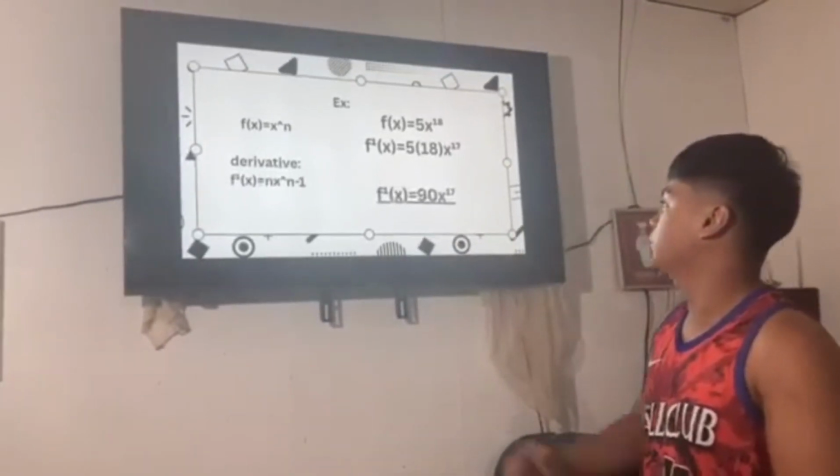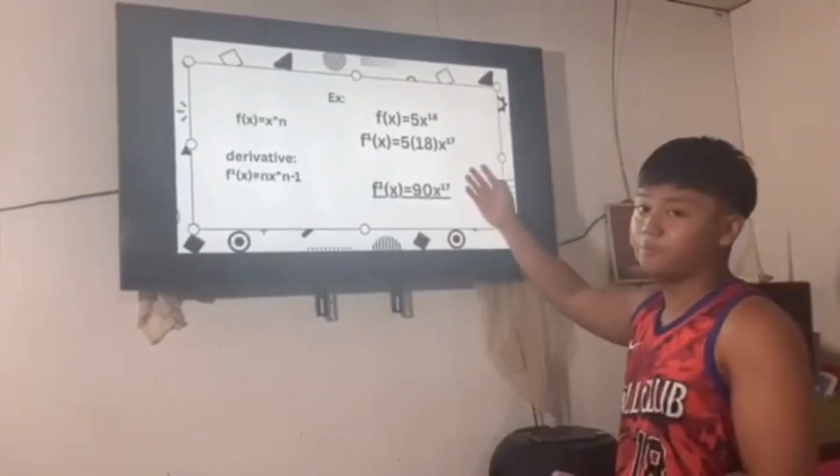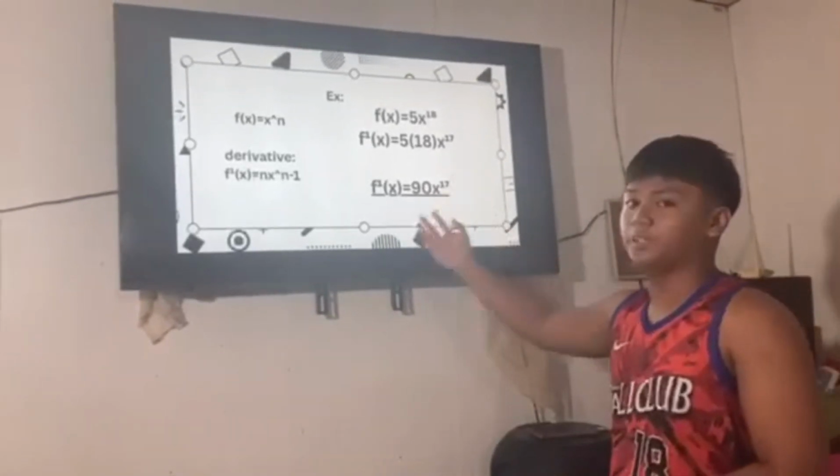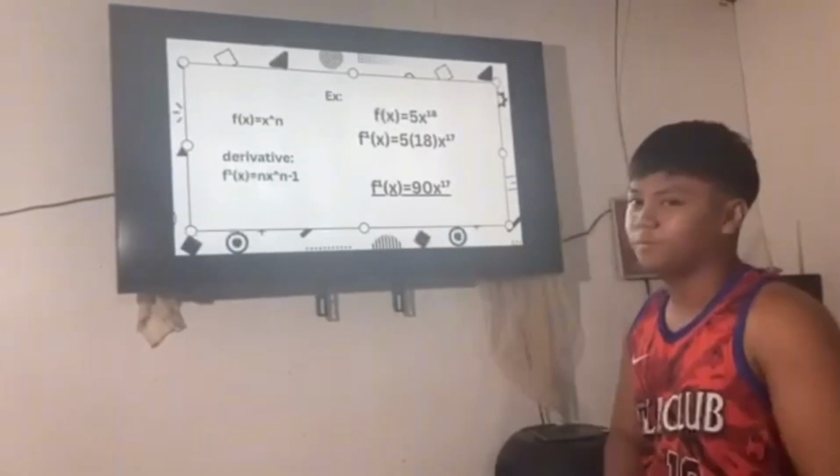All that is left to do is multiply 5 times 18. Simply copy the variable and the exponent, and that's the derivative of the function.